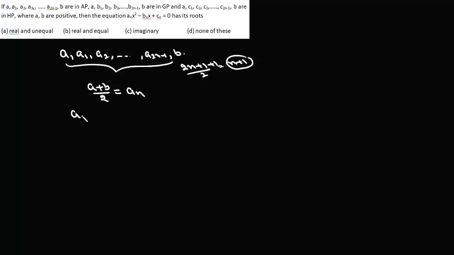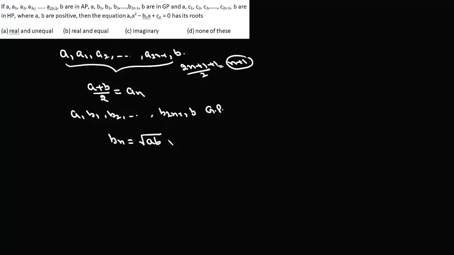Now we are given that A, B1, B2, B2n minus 1, B are in GP. If they are in GP, then their middle term Bn will be equal to the geometric mean of terms equidistant from the beginning and end.